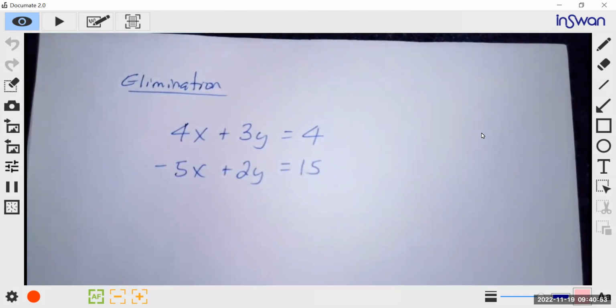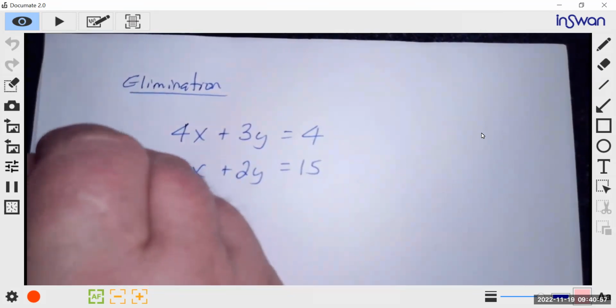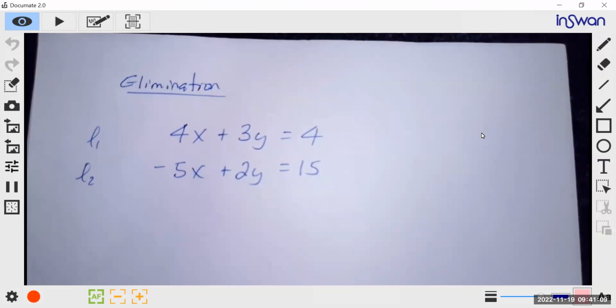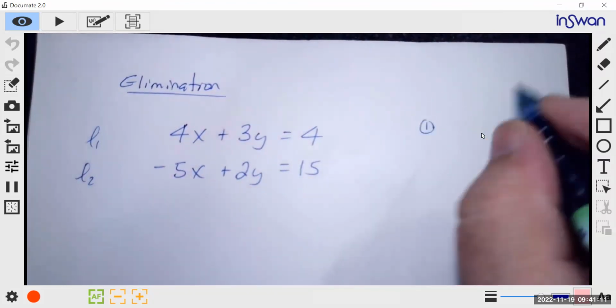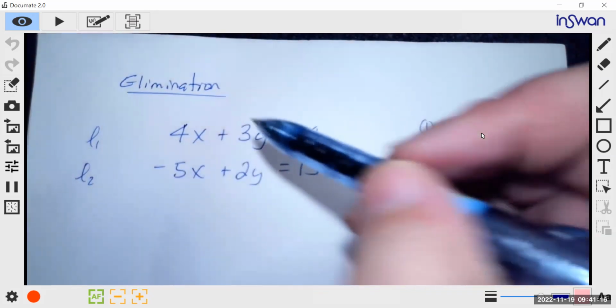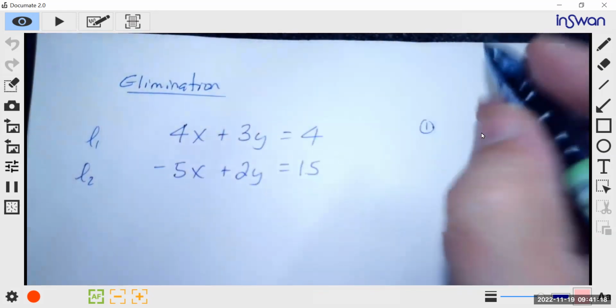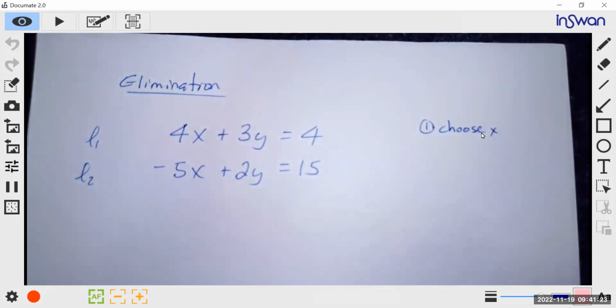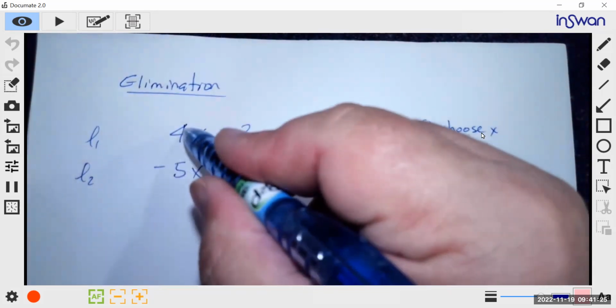For the elimination method, remember we have to choose a variable. This is line 1, this is line 2. We choose a variable so that when we add the two equations, they cancel out. It has to have the same numbers, different signs. The signs are the same here, so it's easier if I choose x.